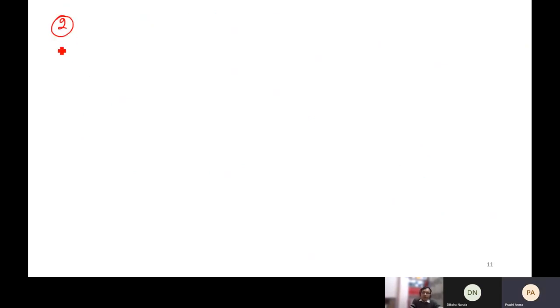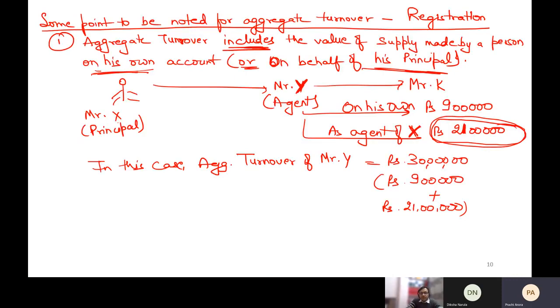Sir, will the 21 lakh be included in the turnover of X also? Yes, in the turnover of X, 21 lakh will be included. You do not know whether this 21 lakh was supplied as it is, or 19 lakh earlier and 2 lakh separately thereafter, or 13 lakh exactly. You don't know that figure.